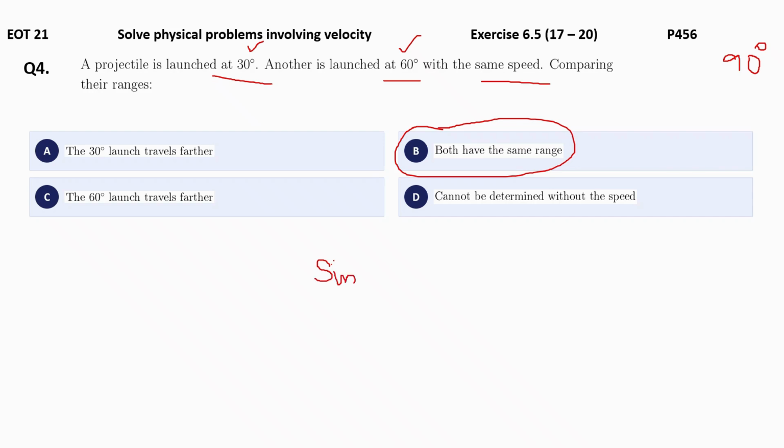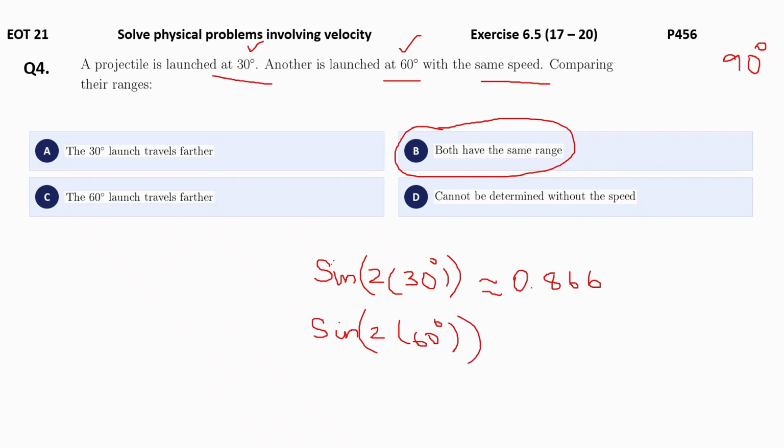So sine 2 times 30, the value will be approximately 0.866. You will get exactly the same value when you try for 60 as well. Sine 2 times 60 will be the same answer. With this also you can fix. It is option B. Both have the same range.